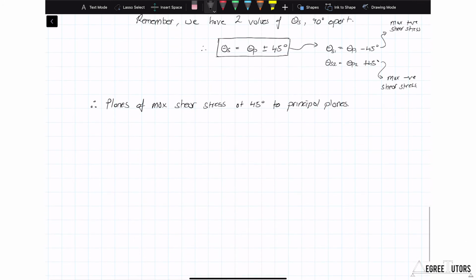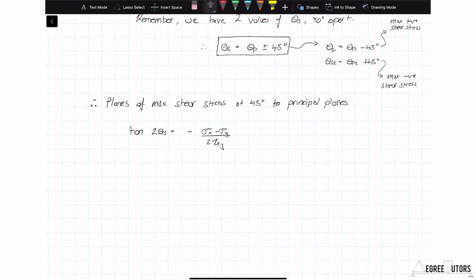And again, we're going to go back to the same sort of strategy we used when we were working out our principal stresses, right? So remember, we said that if the tan of 2 theta s is equal to this, which we've seen above, well, then the cosine of 2 theta s, again, just think about this in the context of a triangle.